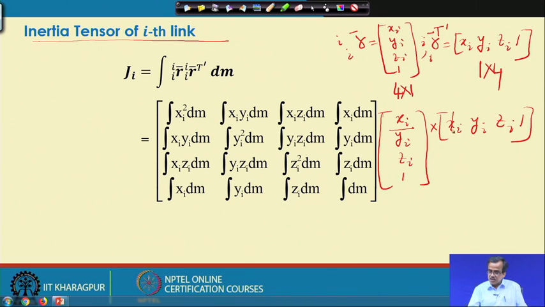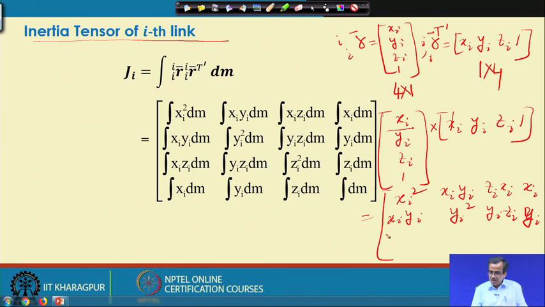So, first row first column, I will be getting x I square, then first row second column is x I y I, first row third column is z I x I, first row fourth column is x I. Similarly, the second row: x I y I, then comes y I square, y I z I, and this is nothing but y I. Next is z I x I, then comes y I z I, then comes z I square, then comes z I, then x I, y I, z I, 1.